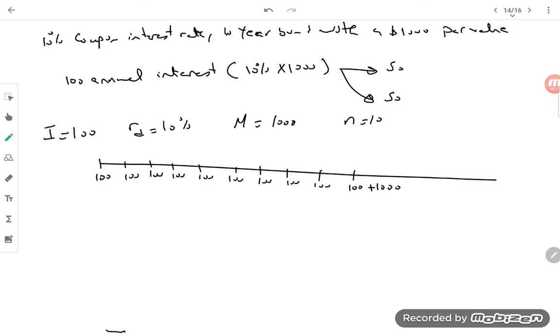This company is going to receive $100 for 10 years, in addition to $1,000 in the 10th year. So for year 1, it's 100, and for year 2, 100, for year 3, 100, etc. For year 10, it will be 1,100.